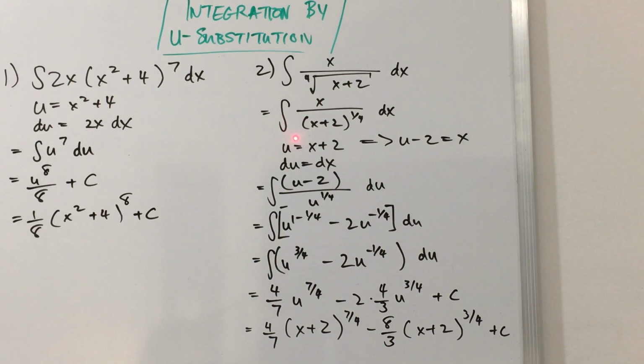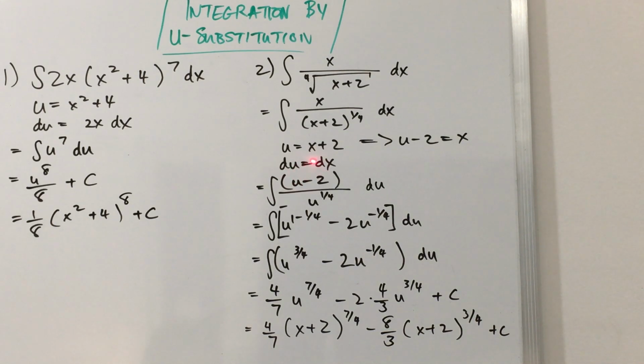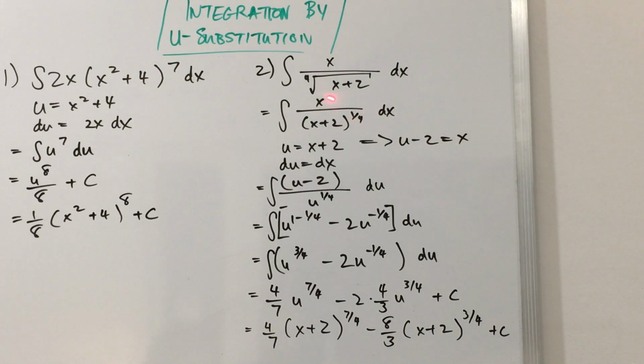It's because when you differentiate u equals x plus 2, you get du equal dx. And then for this part, you're thinking, what does x equal? Well, you can rearrange this equation. It becomes u minus 2 equals x. So x becomes u minus 2.